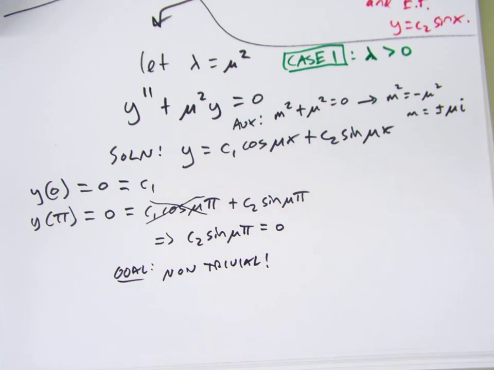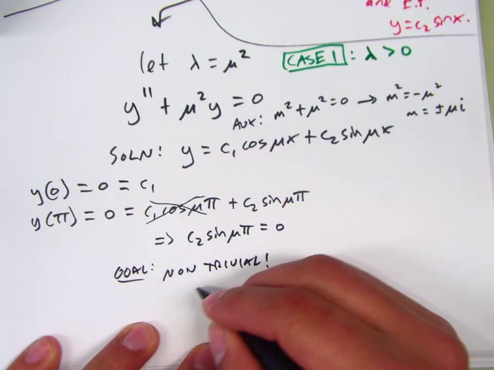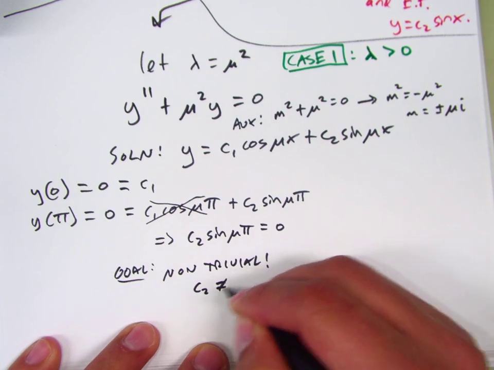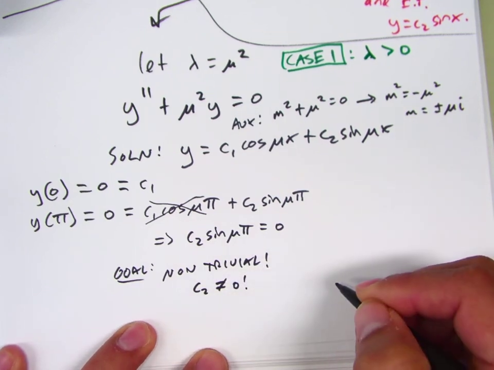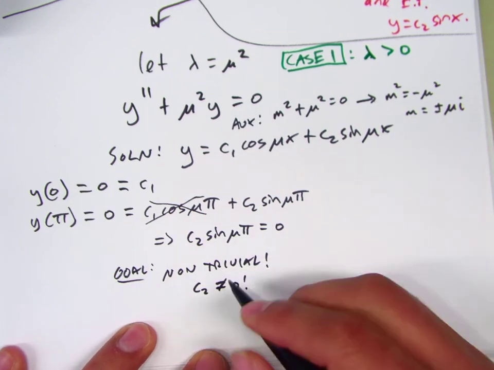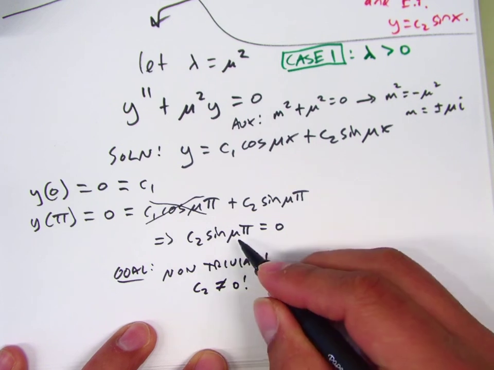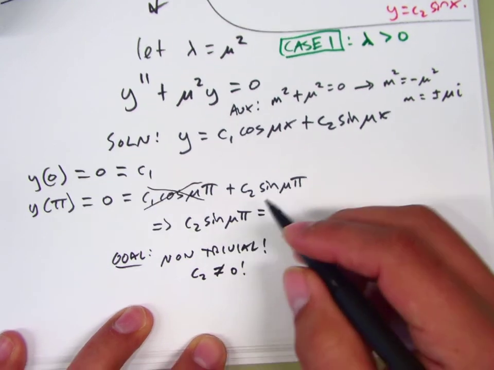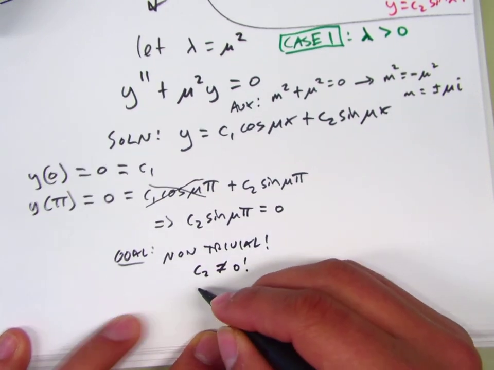So if this equation has to be 0, because we want non-trivial answers, that means C2 has to be non-zero. Does that make sense? Yeah. So that means that C2 must not equal 0. And so now, from here, we can figure out what values of mu would work. So what does that tell us?